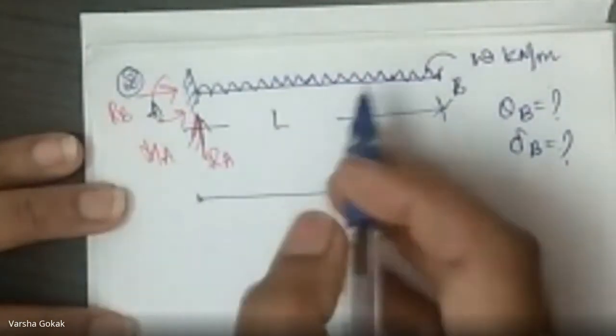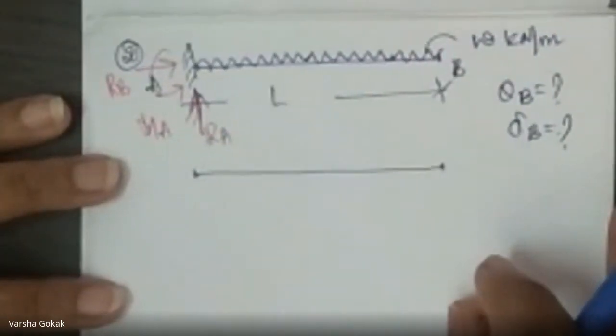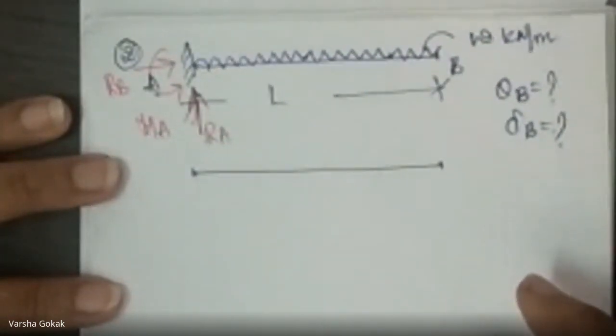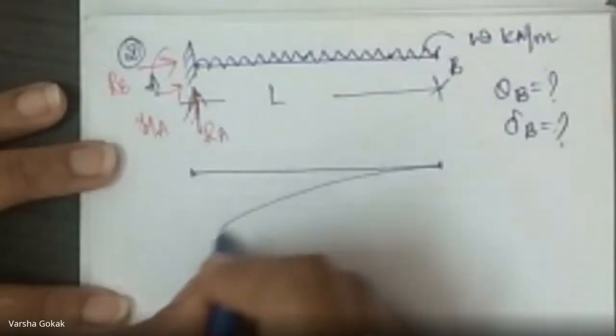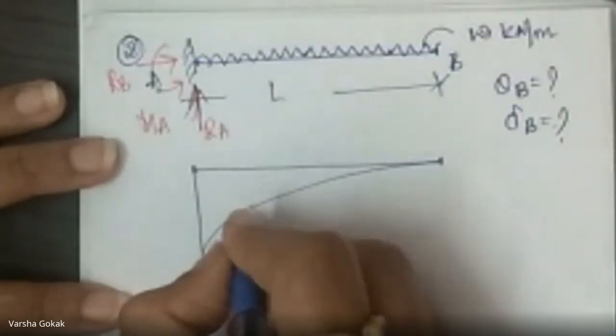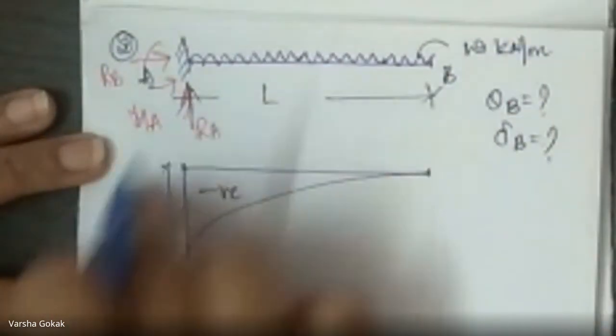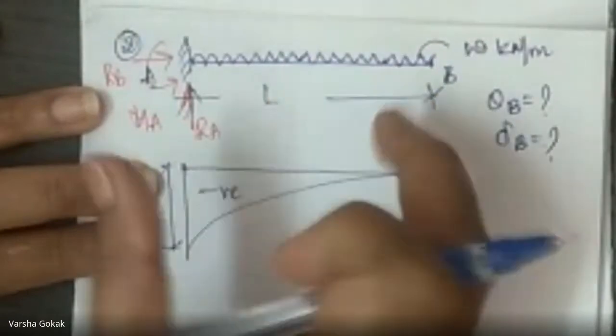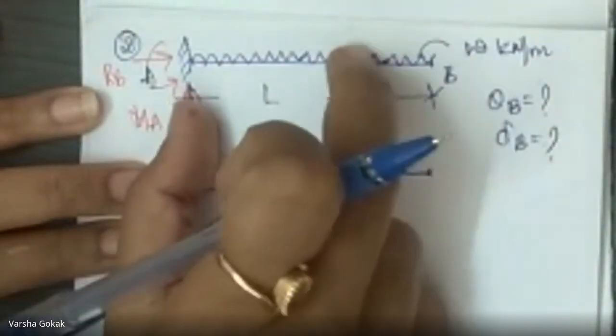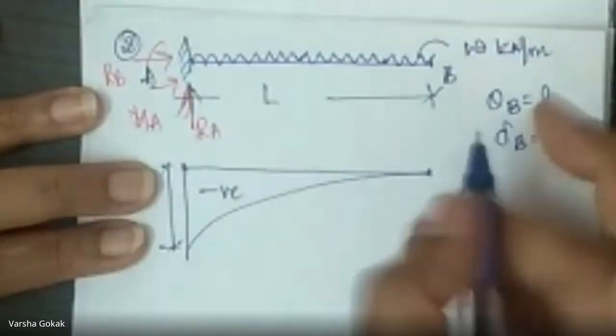Tell me, positive bending moment or negative bending moment? Negative bending moment. It goes like this. Correct? It is going to be a negative bending moment. And its magnitude is what? The magnitude of the bending moment is W into L, which is the total load, into L by 2. Right?